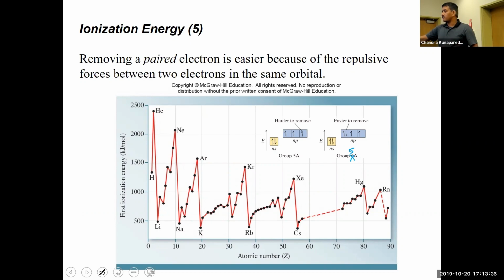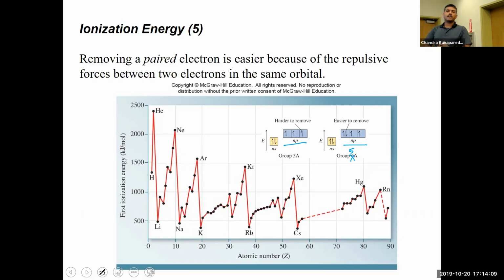a half-filled 5A orbital with 3 electrons in it here, but you have 3 electrons plus 1 more electron. So which one is going to be easier to remove is obviously the electron that is already paired rather than an electron that is unpaired, because removing the unpaired one would make the orbital empty, and making an orbital empty would make that element much more unstable, which means more reactive, compared to removing an electron from a paired orbital, which does not make it as unstable.